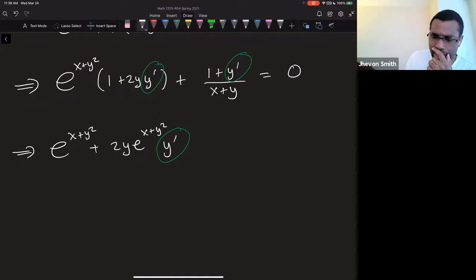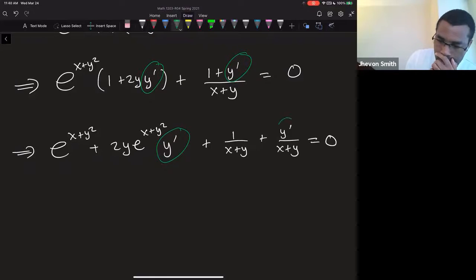As for the other one, you can take the same approach, I suppose. You want to separate the y primes from the terms that are non-y primes. Yeah, so I just took this guy and multiplied it out. e to the x plus y squared times 1, I get that. And then e to the x plus y squared times 2y y prime, I get that.